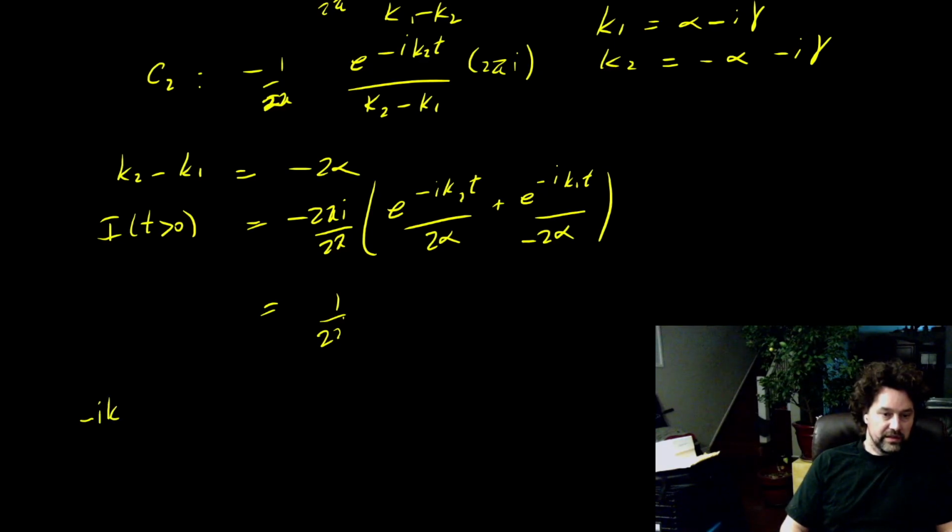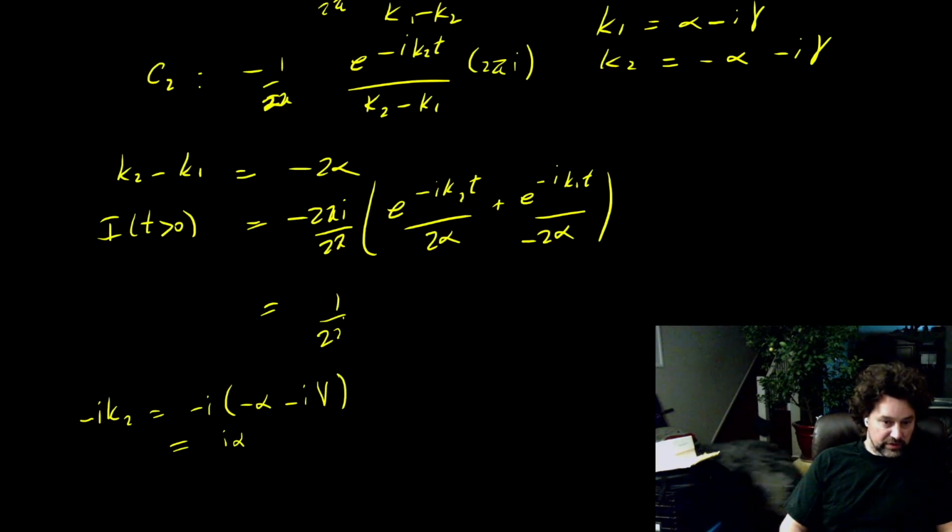minus i k2 equals minus i times minus alpha minus i gamma, which is minus minus is plus. We have i alpha, minus minus is plus, but i squared is minus, with minus gamma.